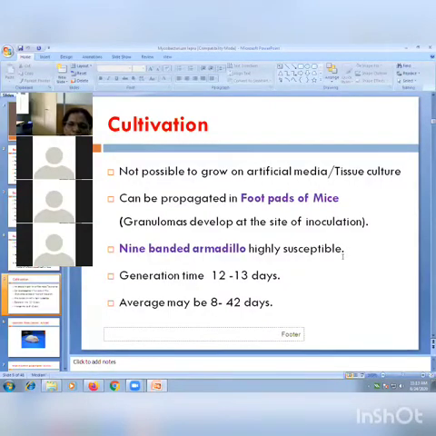But to study the growth of these bacilli, the nine-banded armadillo is the only animal used for culture. The bacilli are injected into that animal, so that the animal produces lesions similar to those in human beings.